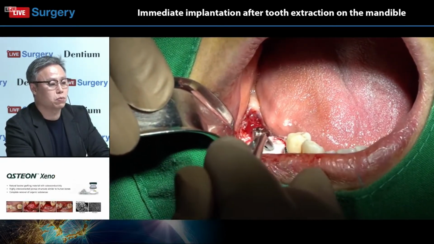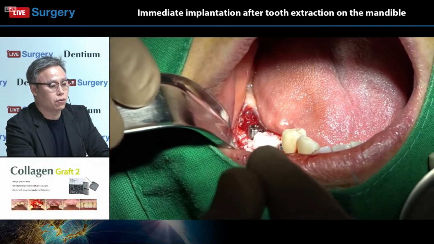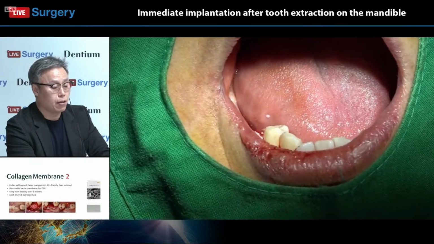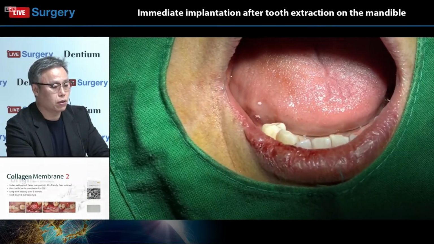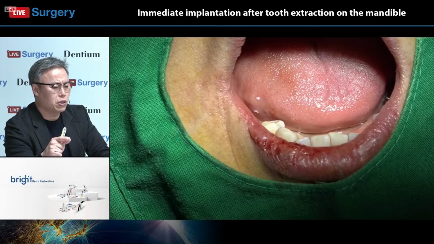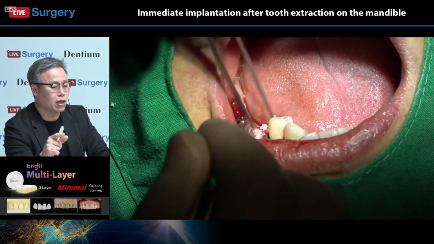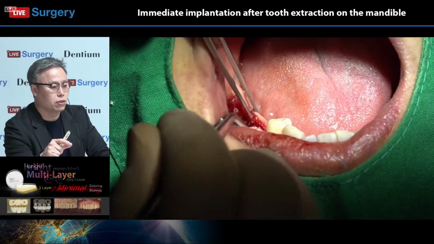As I mentioned, sometimes it's very convenient for manipulating and maintaining space better than particulated bone graft. So one disadvantage of using the non-resorbable membrane is that once it is exposed, we cannot expect a perfect result.